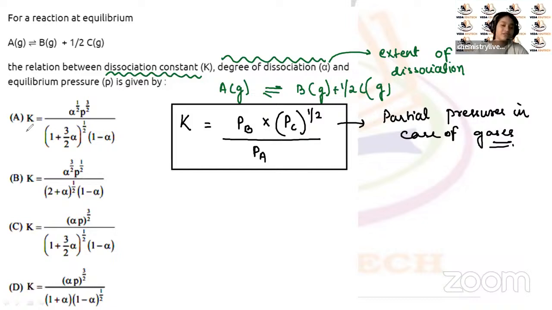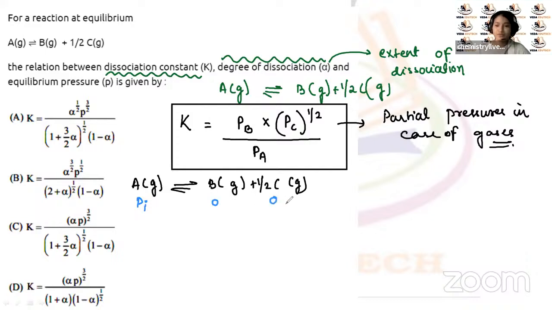So if this is a general equation, can I say that initially the partial pressure was Pi? Yes, we'll write the equation here again once more. So initially the partial pressure was Pi, here nothing has come, so this was 0.